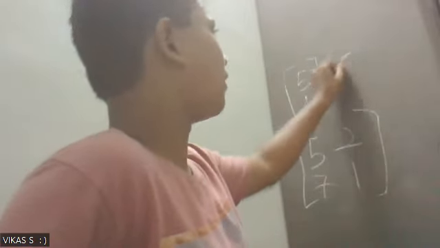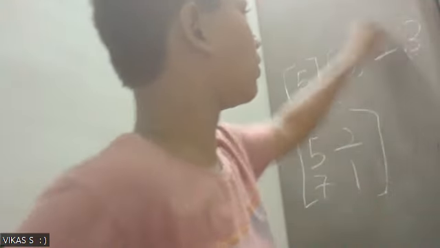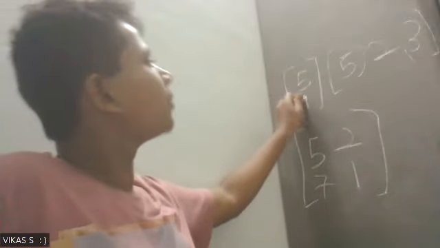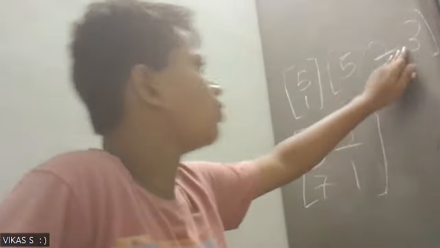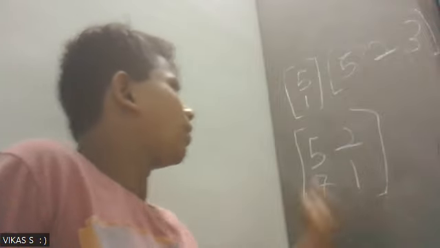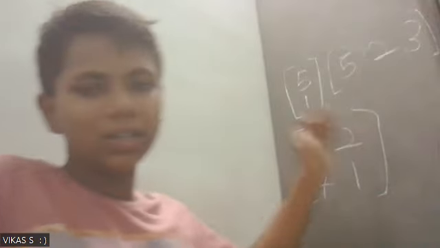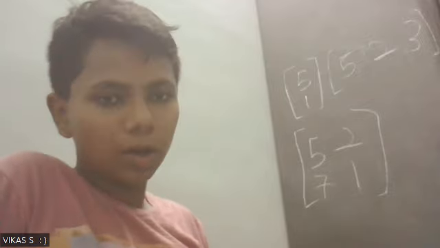And another example will be 5, 2 and 3. There is no comma between the numbers in the matrix; that was a mistake by me. So 5, 1 is an example, and 5, 2, 7, 1. What are these called? These are just rectangular arrangements of numbers in rows and columns.